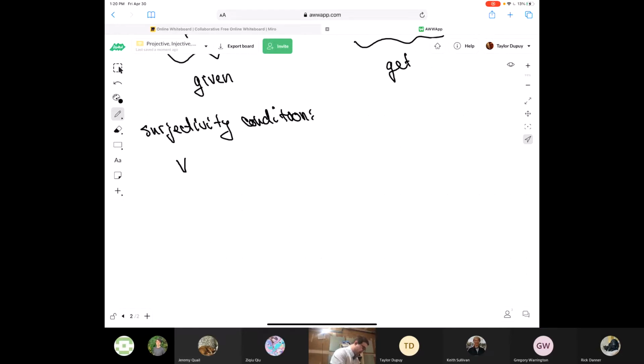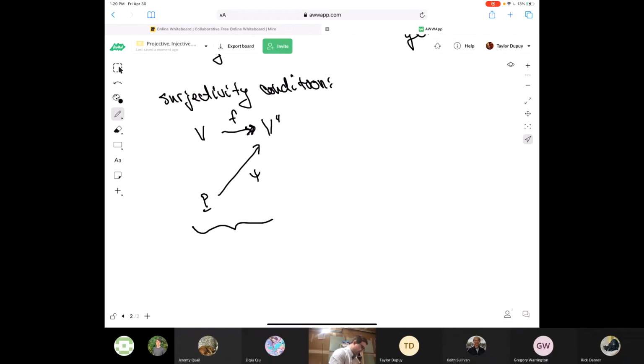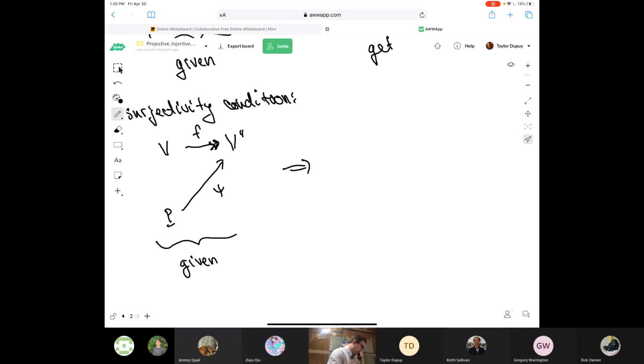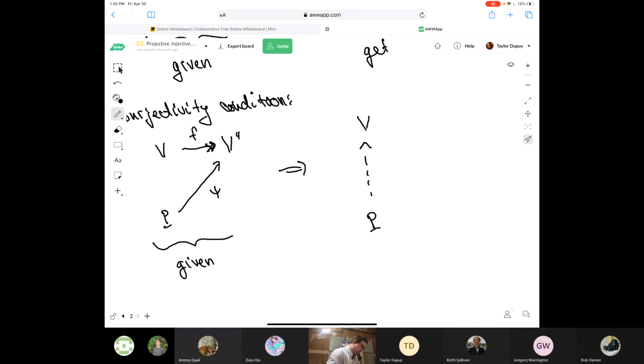If we have a situation like this, where I have a map psi and we're given this map F, then anytime I have one of these, for projective modules, we get that there exists this map, which I'll write as a dotted arrow, that fills in the diagram.